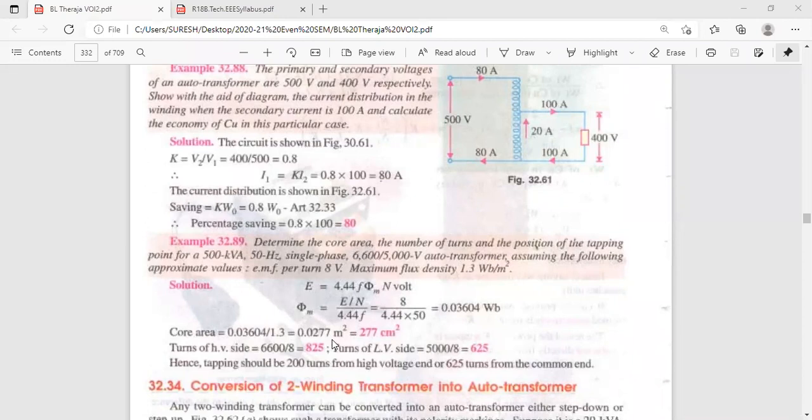If you are having doubt, you can ask me. Are you getting the area this much? 0.0277 meters square.